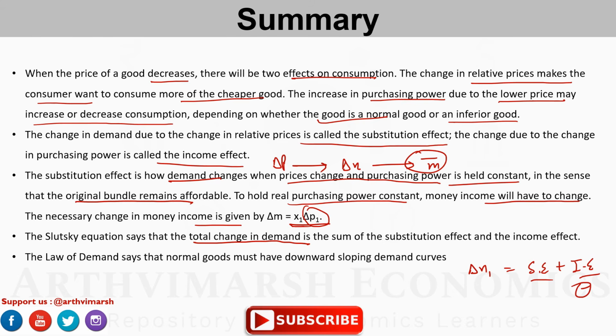Whether it's positive or negative depends completely on the nature of the good. Now, the law of demand says that normal goods must have downward sloping demand curves, and this we have observed in our discussion as well. So this is about chapter 8.